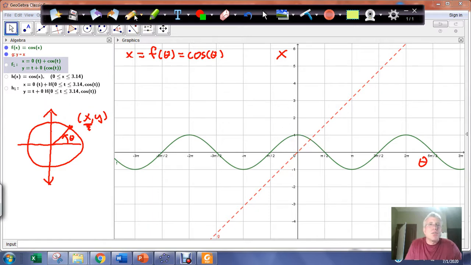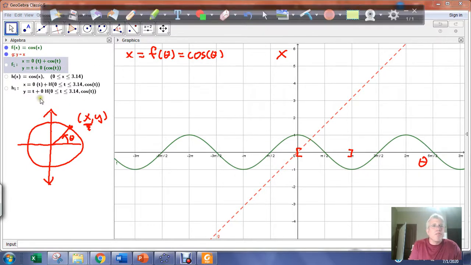So what we want to notice is that if we restrict the domain from 0 to pi, the cosine function over that restricted domain will have a graph that looks like this. And that graph will pass the horizontal line test, which means we'll be able to reflect it in the line y equal x and have a function.